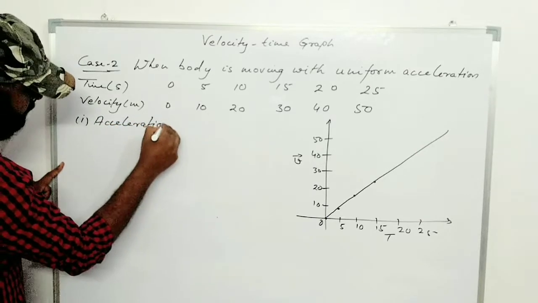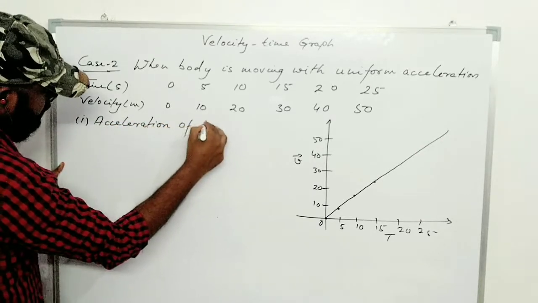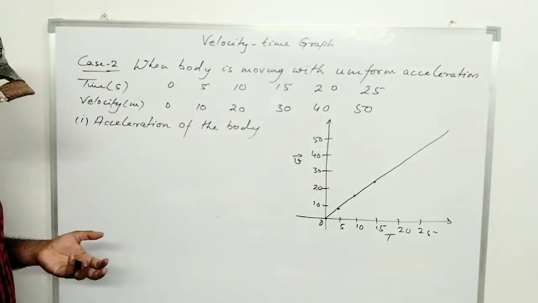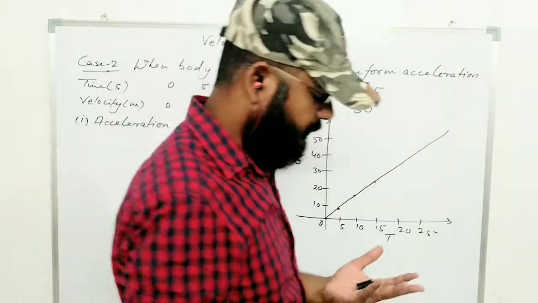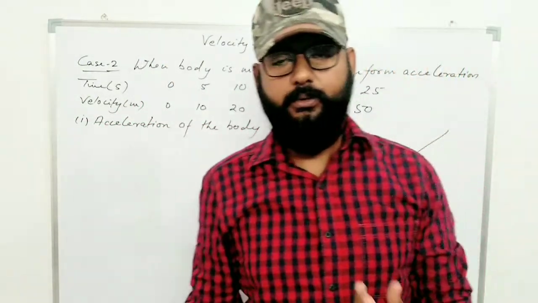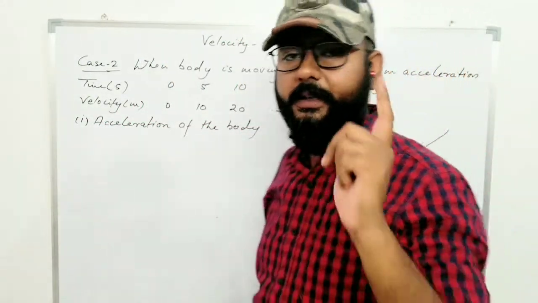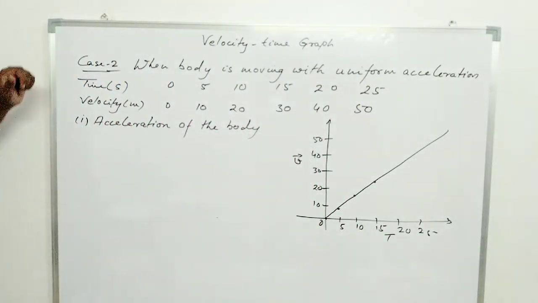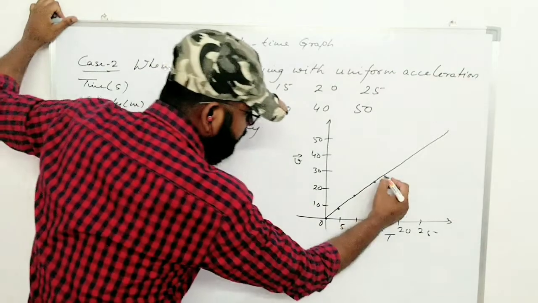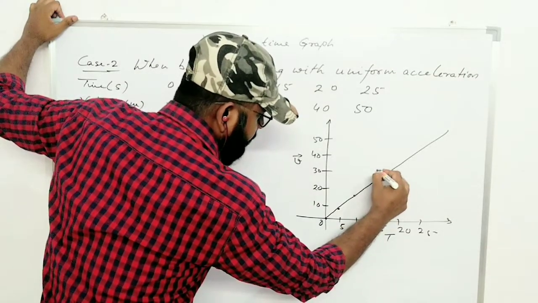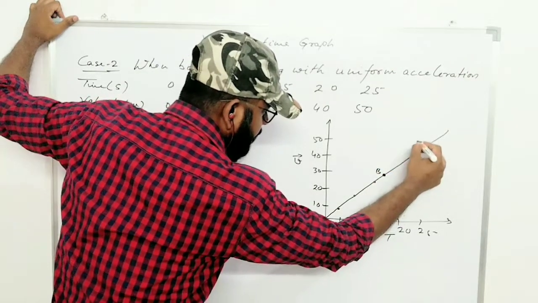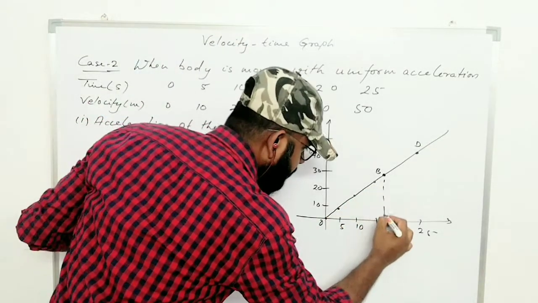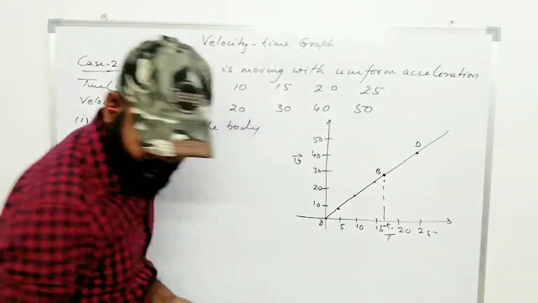Acceleration of the body. And how we will find this? By the help of slope that we already studied in distance time graph. Okay, so suppose here point B to D. Okay, at which time interval?